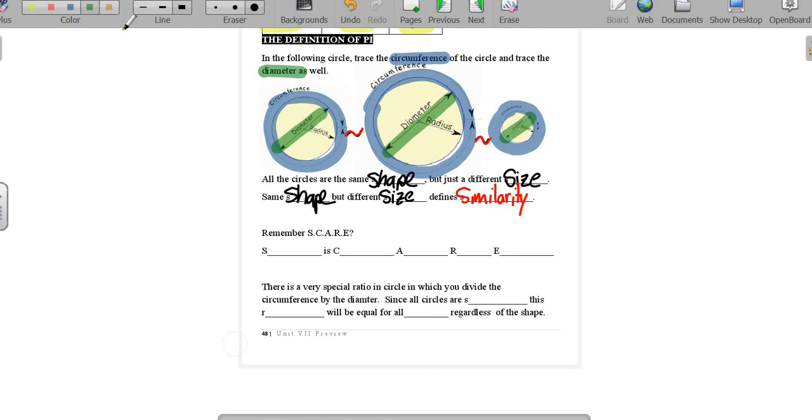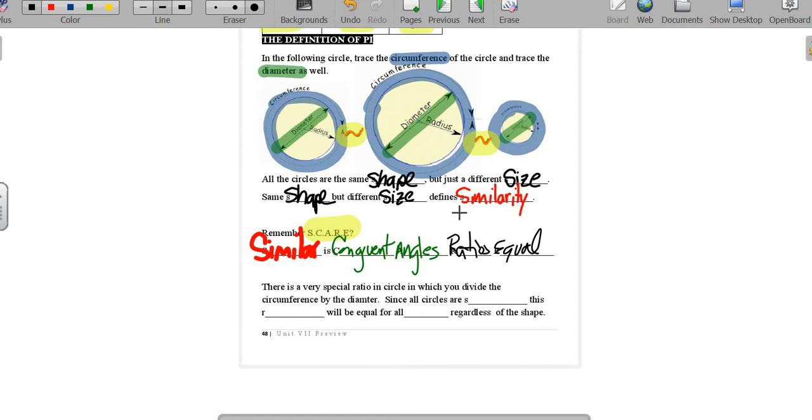Now, the minute you hear the term similar, you should be thinking of SCARE. And remember, SCARE means similar is congruent angles, ratios equal.